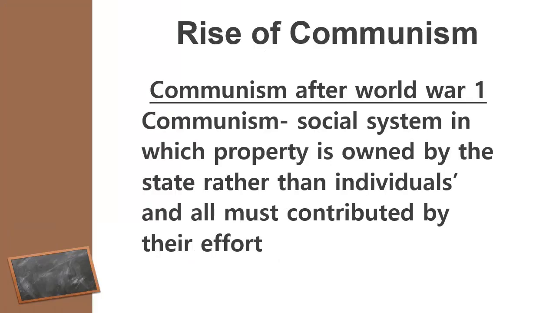The rise of communism. Communism as a social and economic system came into prominence after World War I. The word communism denotes a social system in which property is owned by the state rather than individuals, and all must contribute by their effort.